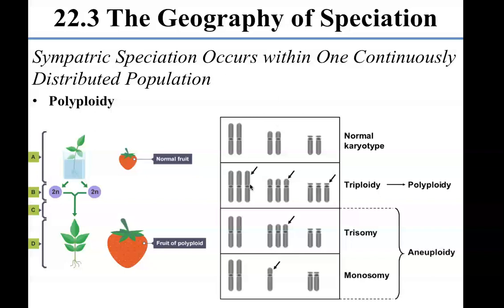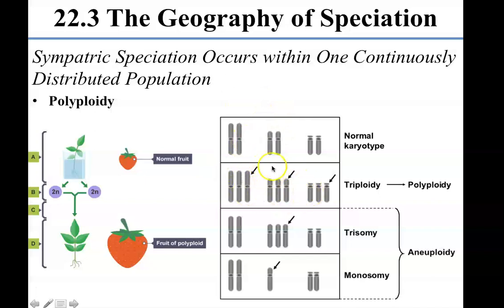Okay, why do we care? We care because this individual, because it has extra chromosomes, can become an entirely new species. In other words, it becomes especially post-zygotically isolated from this species. And so over time, this will remain the ancestral species, and then this polyploid individual will become a separate species, again because it's genetically incompatible with this one.